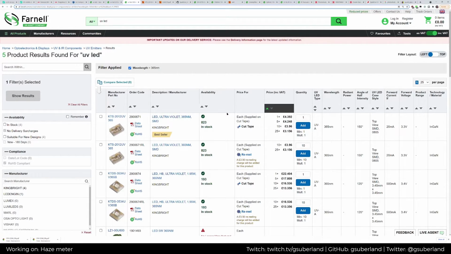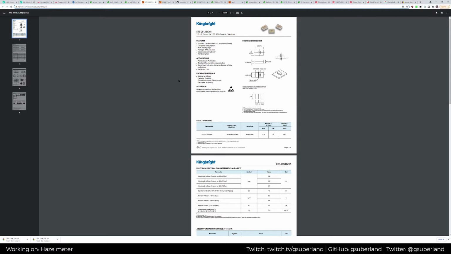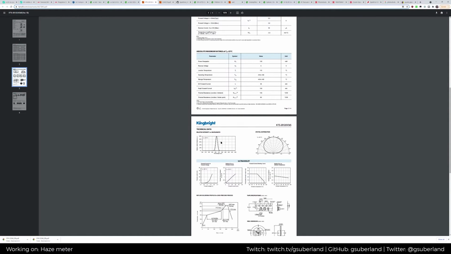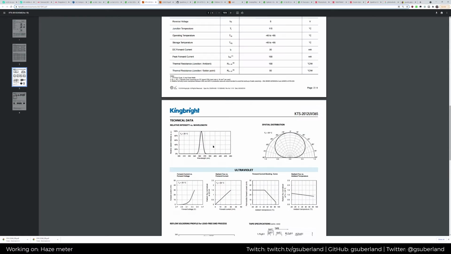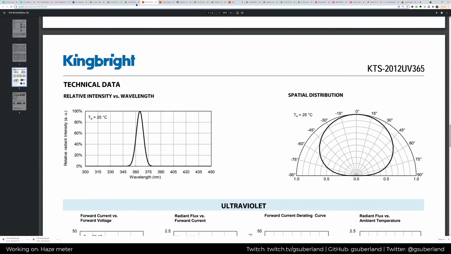Tiny LED. I bet the spectrum's crap as well. I bet it says 360, but it's... Yeah, exactly, look. They said 365? Oh, I suppose that is 365. That's not bad. Not great.